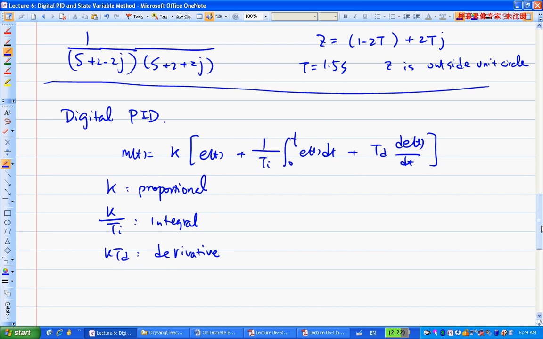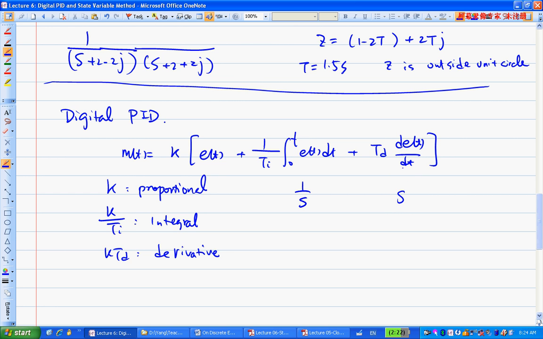Now, if we want a digital PID, you can simply convert this and discretize it using the numerical approach that we have just learned. For the second one here, when you take Laplace, this is basically 1 over s, and for this one it is the s term. That make sense?